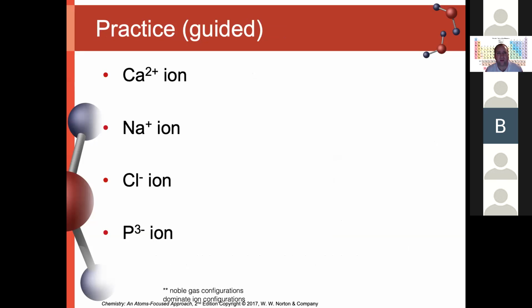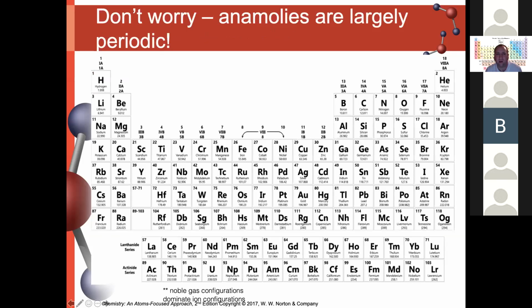Let's do a couple of quick examples. So for the calcium ion, calcium 2+, I go backwards 2 spots. So I'm here at calcium. I go back 1, 2 places. I end up at argon.